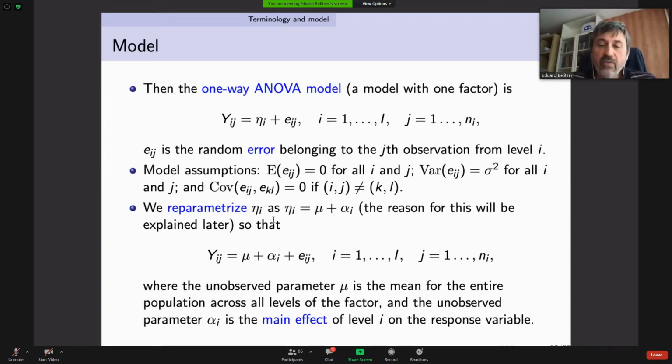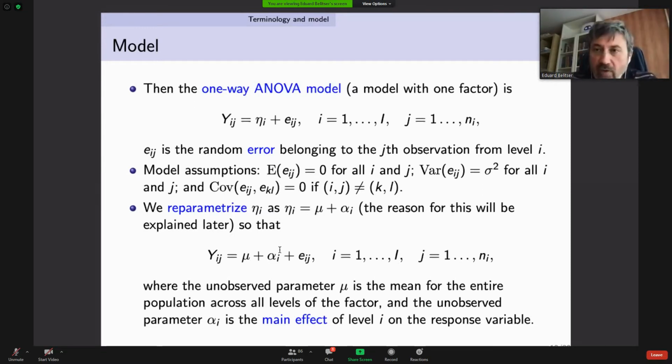The next thing, we reparameterize this eta I. Please go through my recorded lecture where I try to explain all that. The idea of reparameterization is that we will be needing this in two-way ANOVA. It's not needed in one-way ANOVA, but we are still doing it simply for the sake of explaining why we are going to do this in a two-way ANOVA.